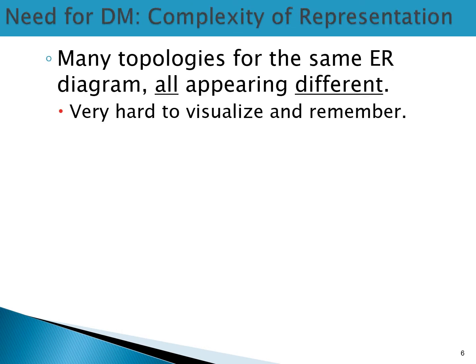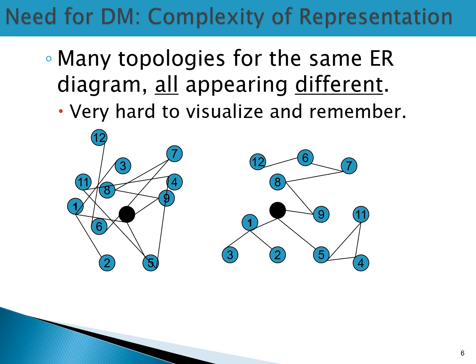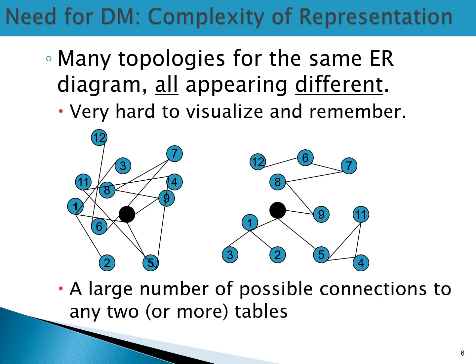The need for dimensional modeling: complexity of representation of the ER diagram. These two graphs represent the same problem, but by just looking at them, you can't tell that they represent the same problem, because they were designed by different people.